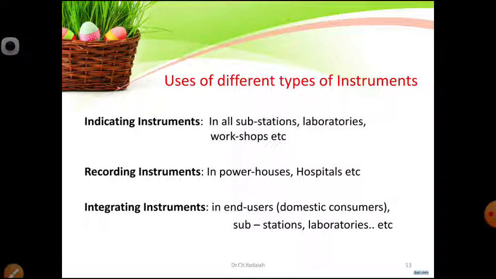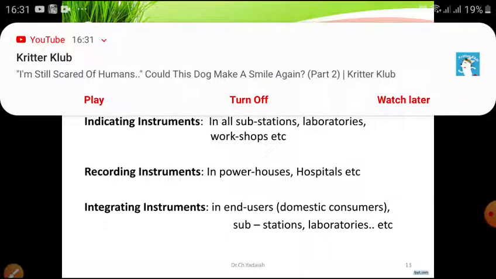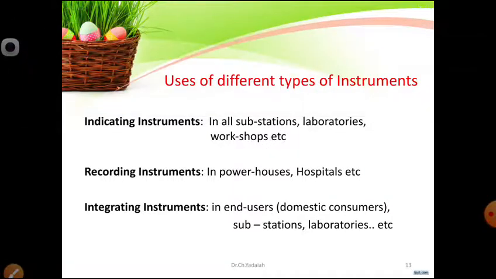What is the purpose in a substation? Substations account for how many units are received and how many units are sent to the feeders. The difference indicates the losses in transmission or distribution lines. For that purpose they use these meters in substations, and also in R&D and laboratories.